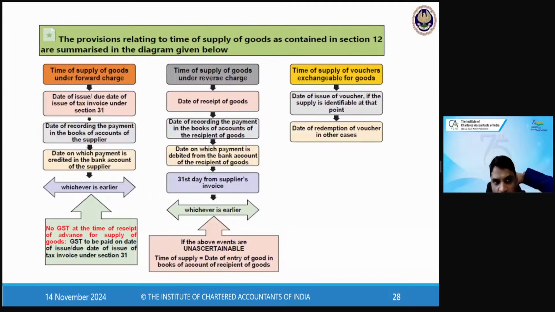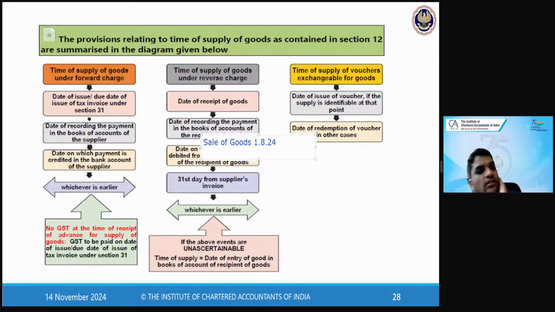Okay. Now we were talking about a scenario for time of supply for goods. Sale of goods happened on 1st of August 2024. And the invoice was raised, having forgotten to raise it on 1st August, on 31st March 2025.